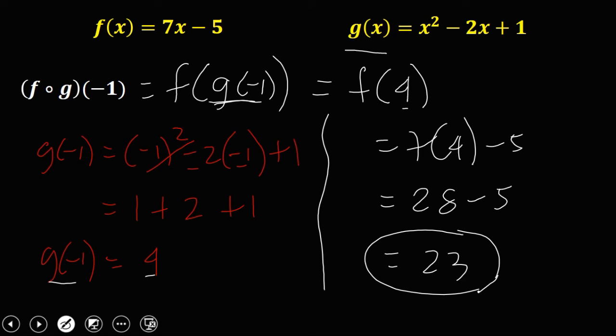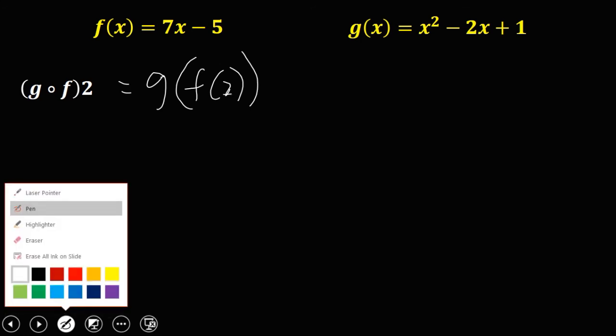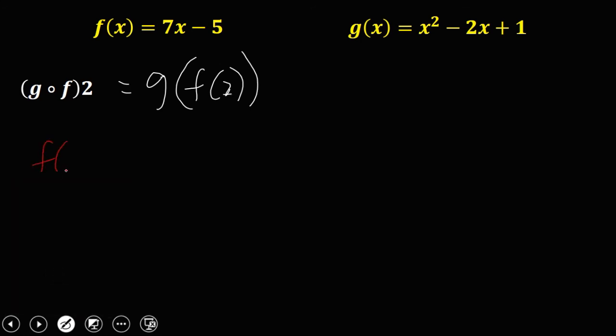Okay, this last example. This equation is g of f of 2. So we need to solve first our f of 2. So f of 2 from the f of x, that's 7 times 2 minus 5, or that's 14 minus 5, so that's 9.